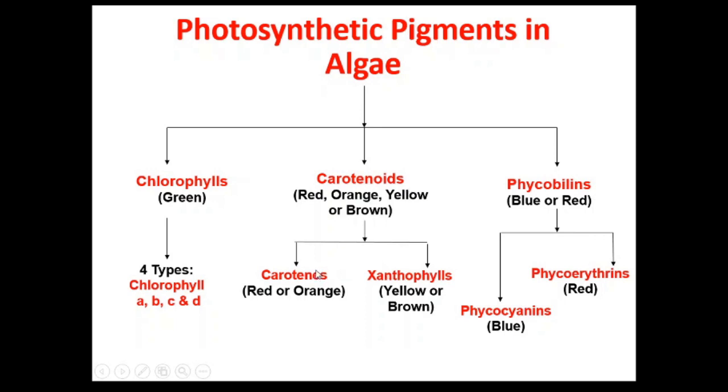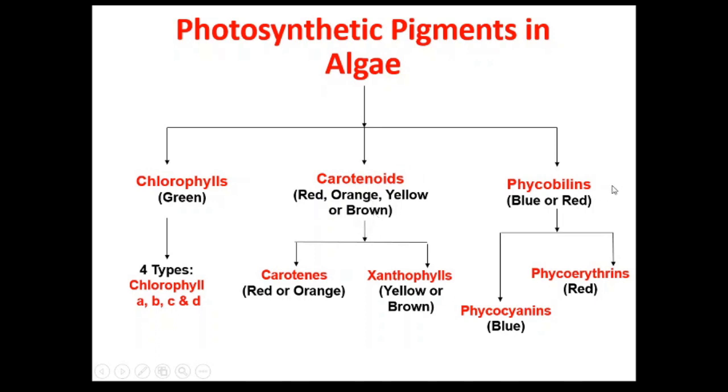First is the carotenes and other is the xanthophylls. The carotenes and xanthophylls, they are collectively known as the carotenoids. The carotenes are either red or orange pigments and the xanthophylls are yellow or brown pigments. So in carotenoids we get either red, orange, yellow or brown colors.